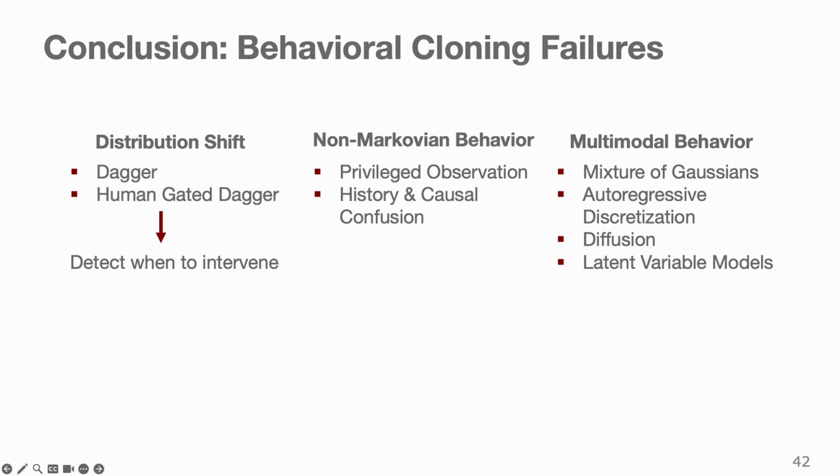And then we have addressed some common pitfalls in imitation learning, such as non-Markovian behaviors from the demonstrators, and we talked about some possible things you can do to alleviate them, and also multimodal behavior and a few solutions or tools to alleviate it.